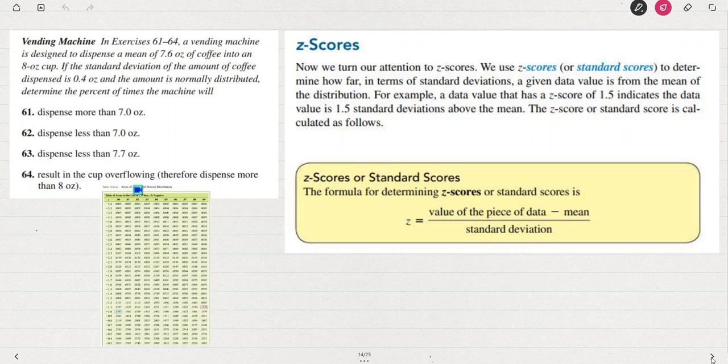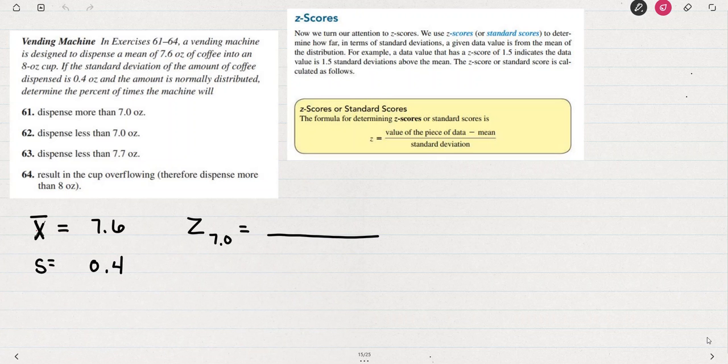What we need to do to complete this example is start by finding a z-score. The z-score can be calculated by using this formula: the value of the piece of data minus the mean, divided by the standard deviation. Let's look at the first example. That's number 61, and it'll actually be 62 also because those are both using the 7 ounces. We want to find the z-score for 7.0.